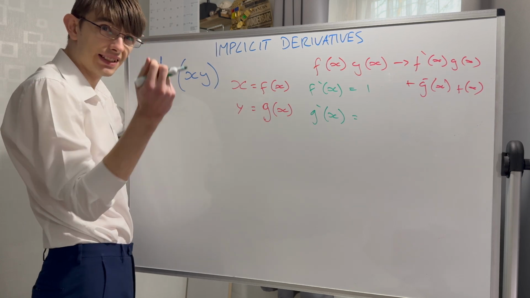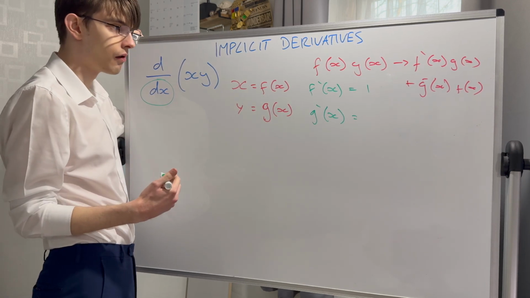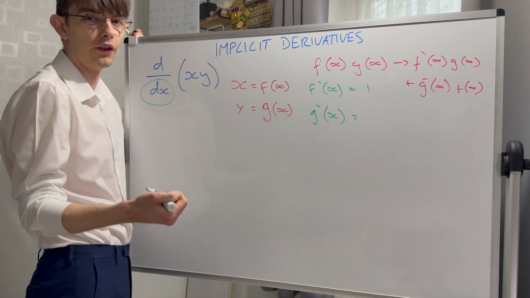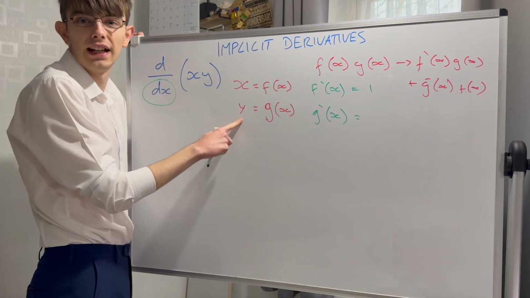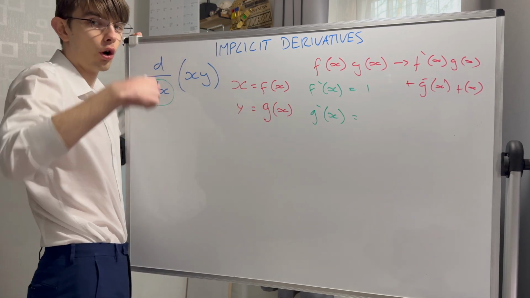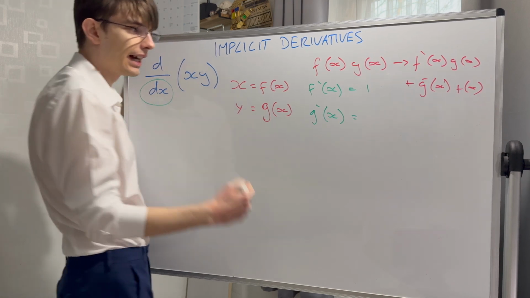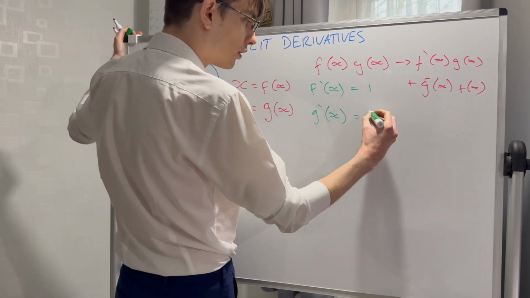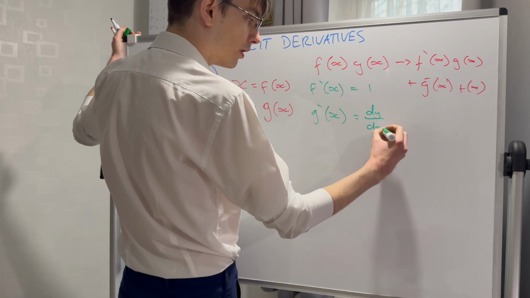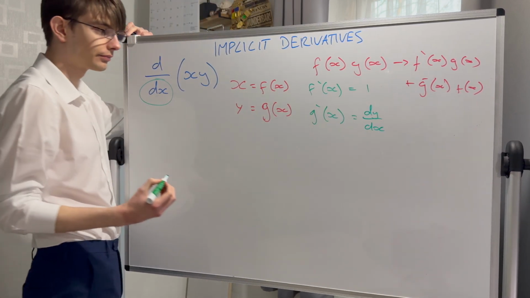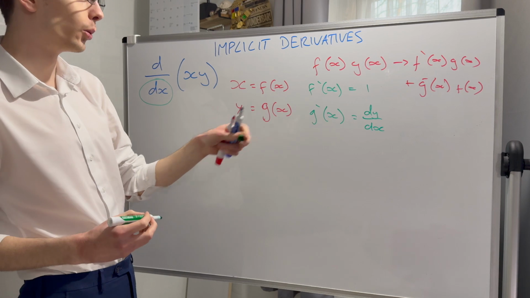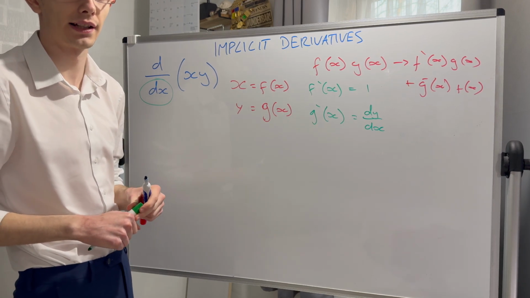So I'm going to kind of mentally pretend that it's an x, but I need to add in that clarifier. So if I pretend that's an x, well, then that would just differentiate to 1, but I need to add in that clarifier, so it is 1 times by dy dx. The derivative of y with respect to x is just dy by dx.